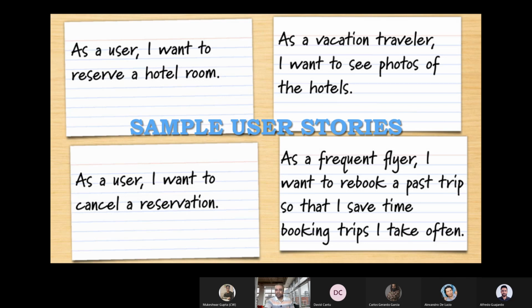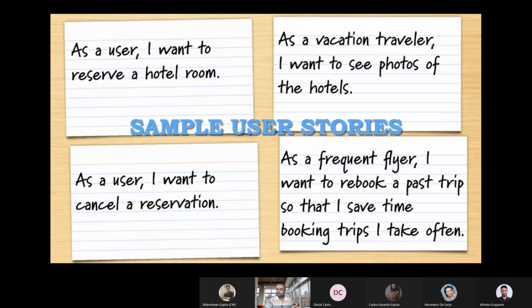This is a hotel management system, where for a traveler we are saying, as a vacation traveler, I want to see the photos of the hotel. Now, when it comes to functionality, what is the pixel size, the resolution, how many, and all these things come in detailing.